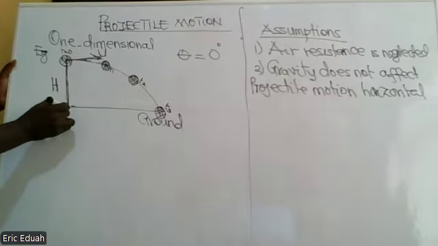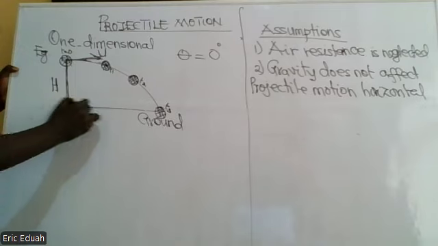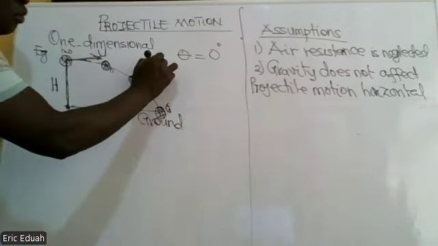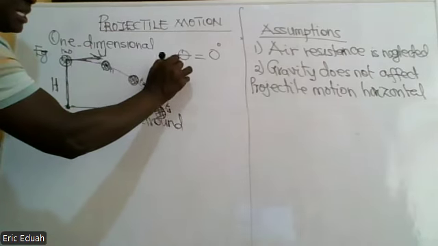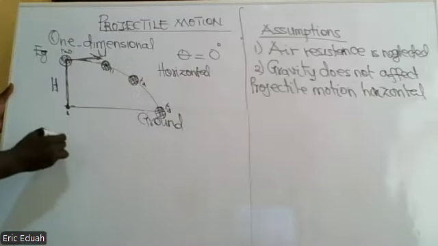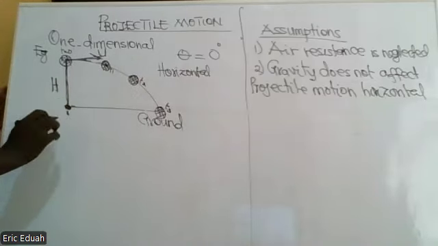When the body gets here and we want to measure its horizontal displacement from the starting point, horizontally it started from this point. Please, are you with me? From the point O.